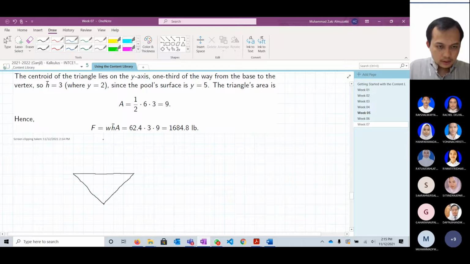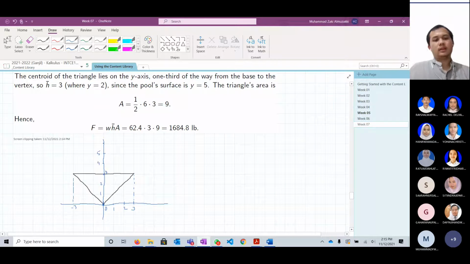And this is the coordinate. This is 0, 1, 2, 3. So here is -3. This is 1, 2, 3, 4, 5, 6.